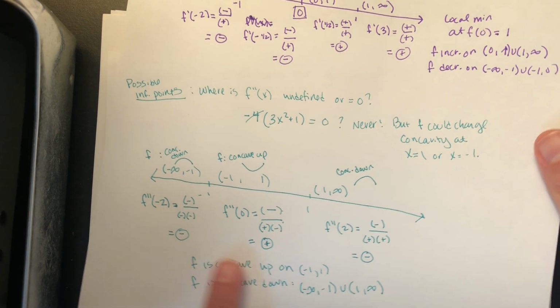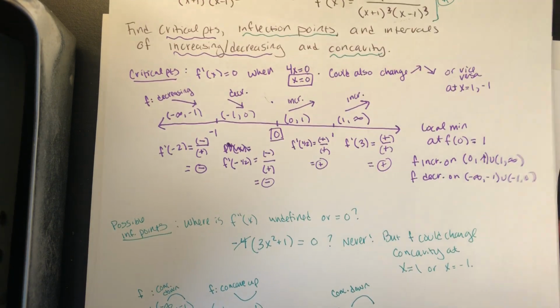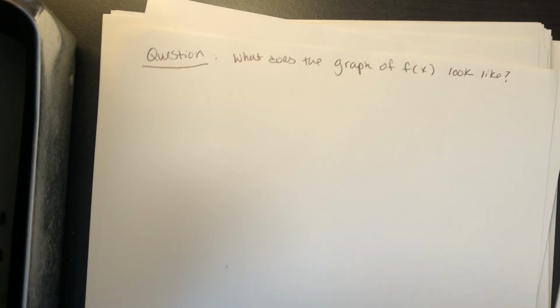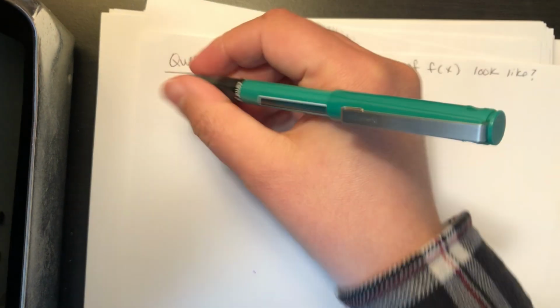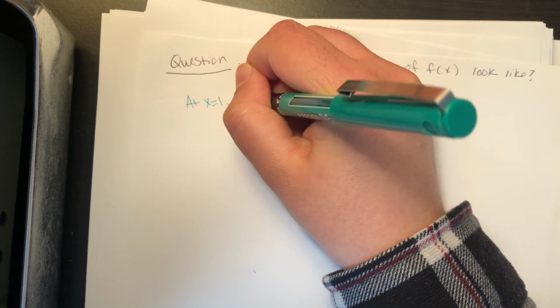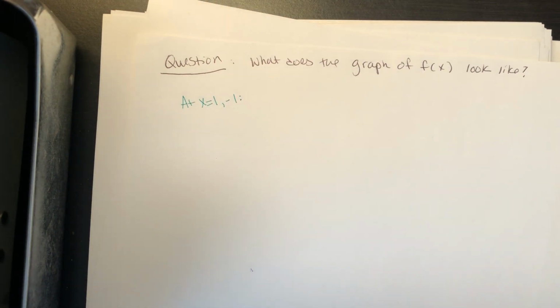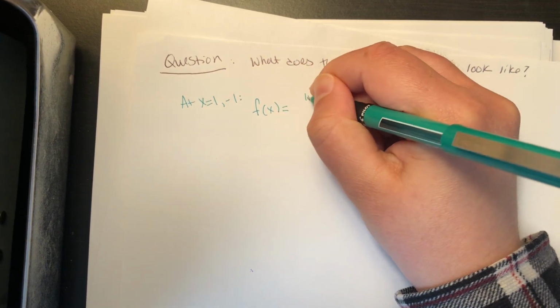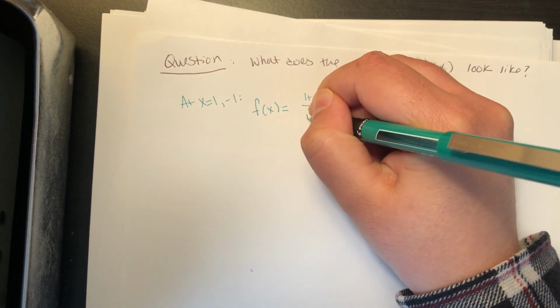Because we know that the function switches concavity at those points, even though the function doesn't switch whether it's increasing or decreasing at those points. Right? So finding out what's happening at x equals 1 and -1 is going to tell us a little bit more about what this graph looks like. So remember, f of x is the function 1 plus x squared over 1 minus x squared.